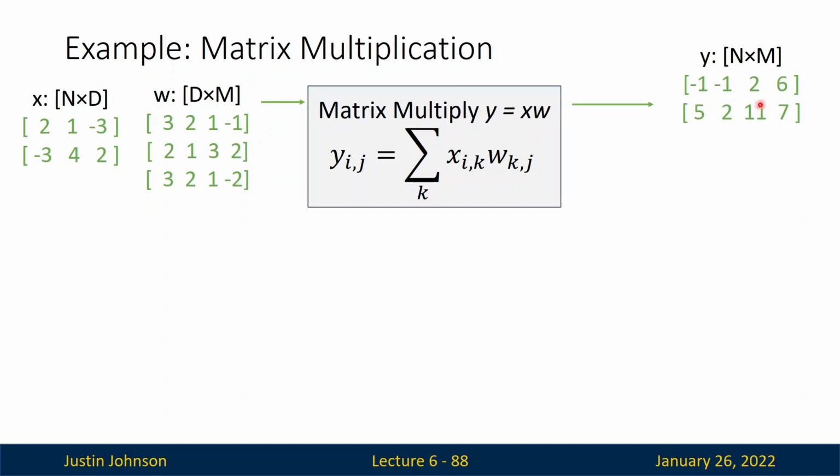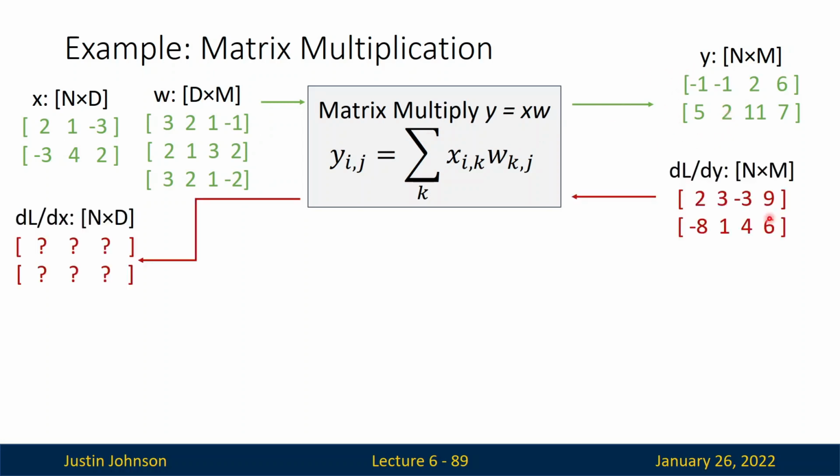Let's see an example. Say Y is a 2 by 4 matrix, X is a 2 by 3 matrix, and the weight matrix W is 3 by 4. X times W gives the output Y. Suppose we have the upstream gradient dL/dy already, and we are going to calculate dL/dx.